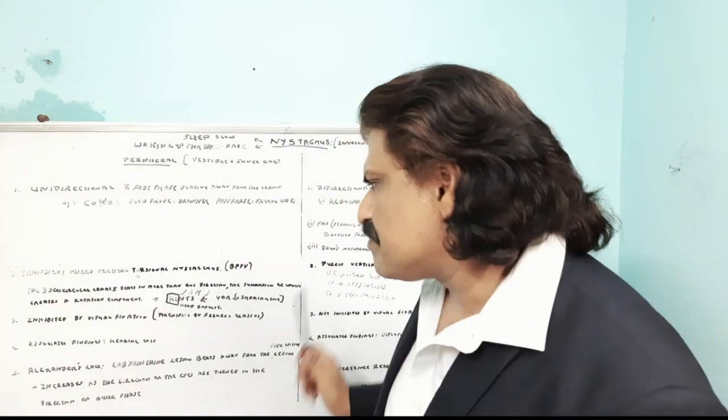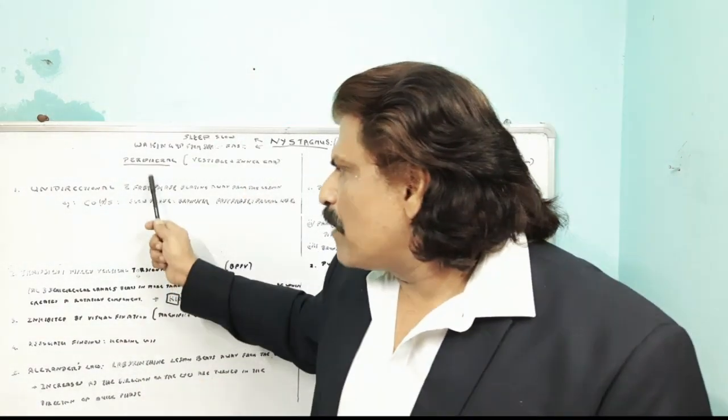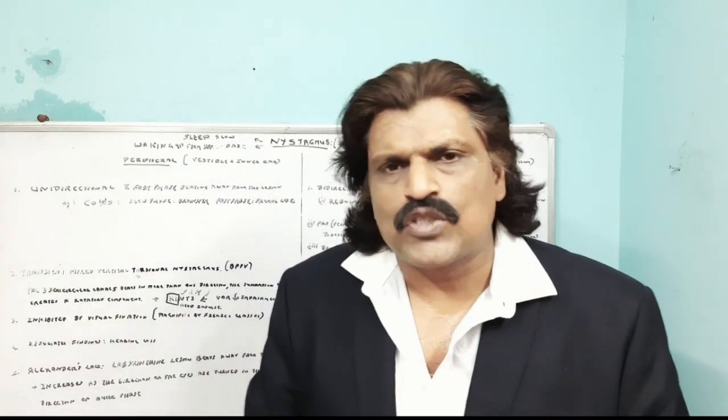Fine? Right. Now another important point is that the peripheral cause of nystagmus can be inhibited by visual fixation. So they are suppressed by visual fixation. When you put Fresnel glasses, it suppresses the fixation, and therefore you can see the nystagmus in a magnified manner.